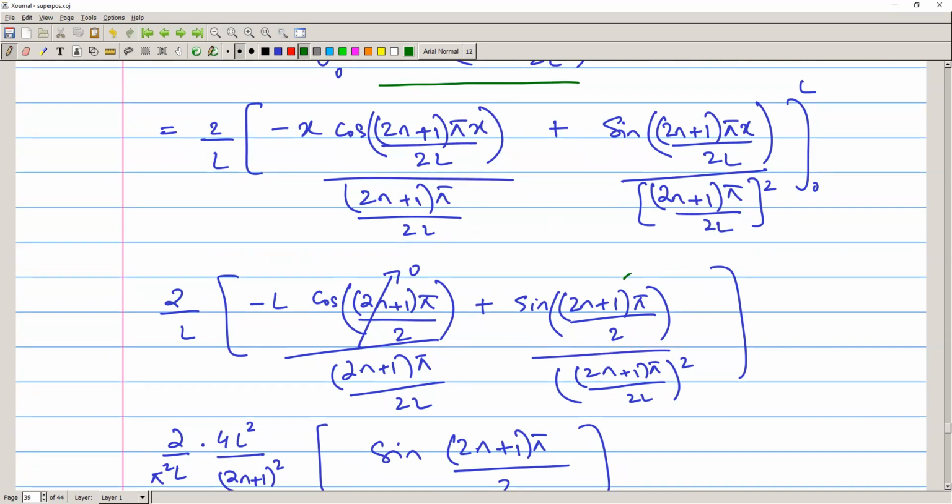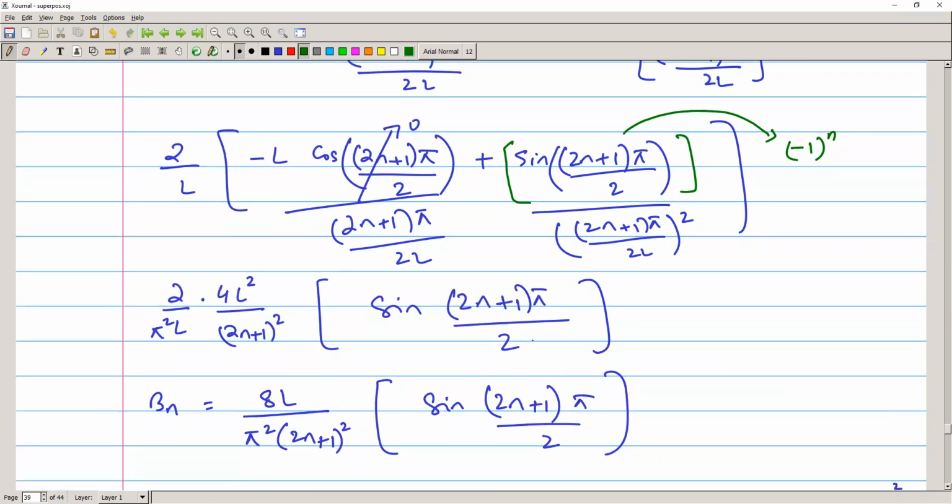So we can write negative 1 to the power n instead of this whole term. So we'll write it as negative 1 to the power n.